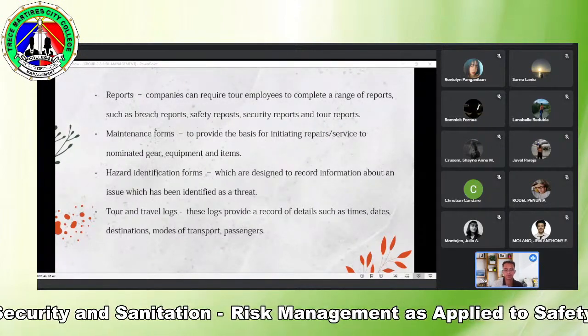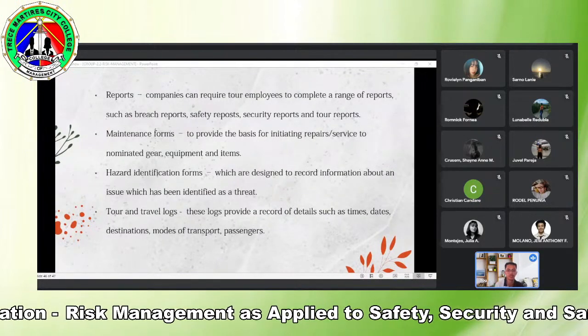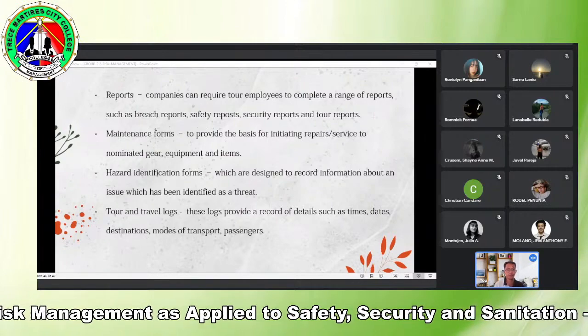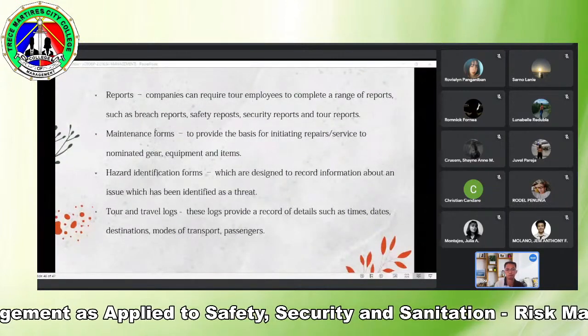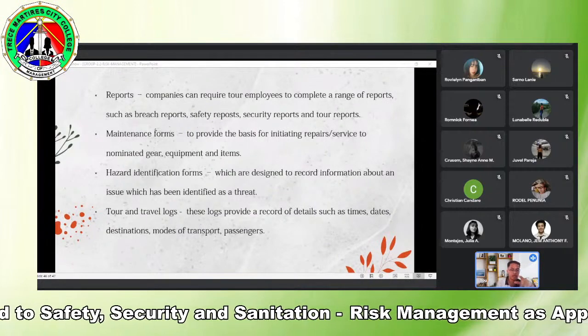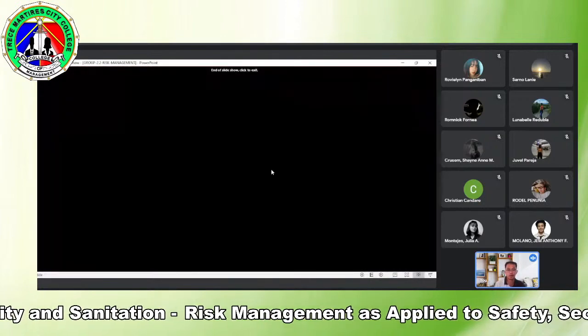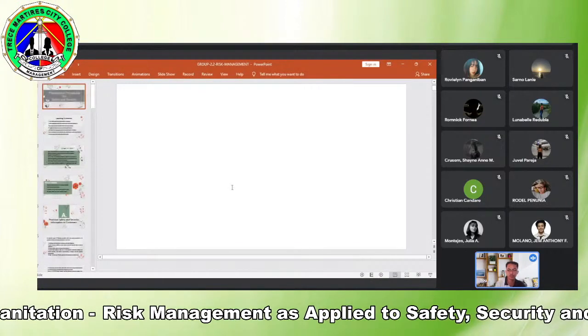Okay, so I believe the reporters discussed each and every topic that has to be done for today's lesson. Do you have any further clarification, reporters? Additional information?